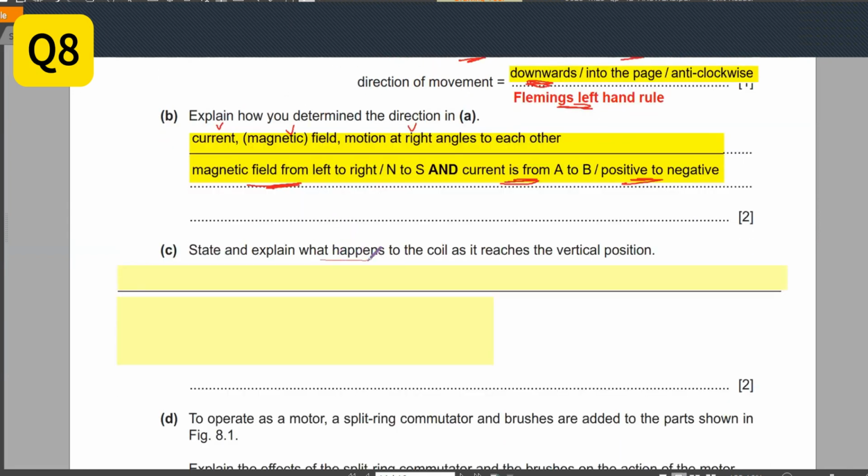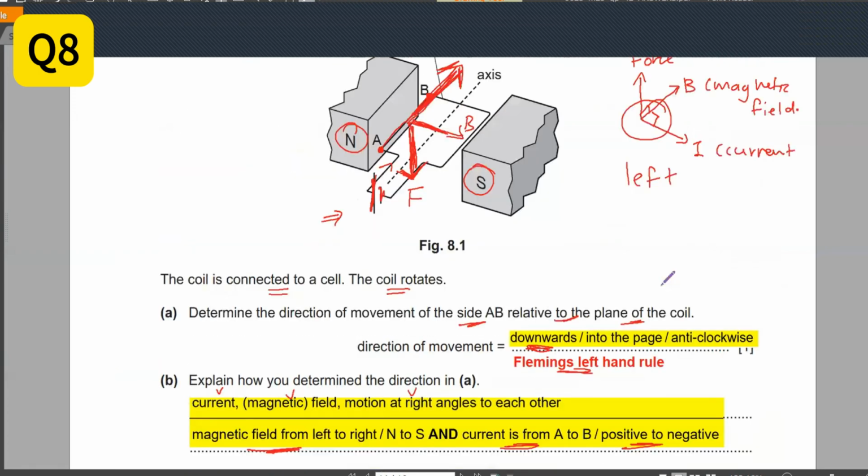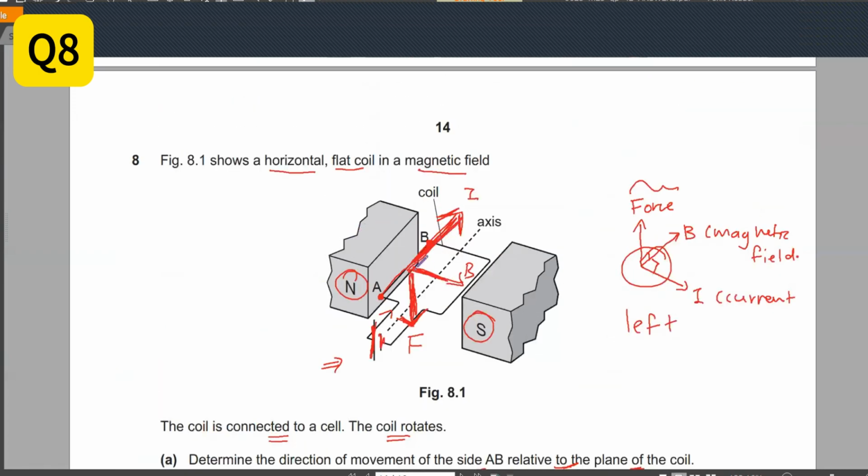Next, state and explain what happened to the coil as it reaches the vertical position. Essentially, when it reaches the vertical position, it will stop, or at the vertical position, it will overshoot and come back. Because when it goes to the vertical position, now the magnetic field is reversed.